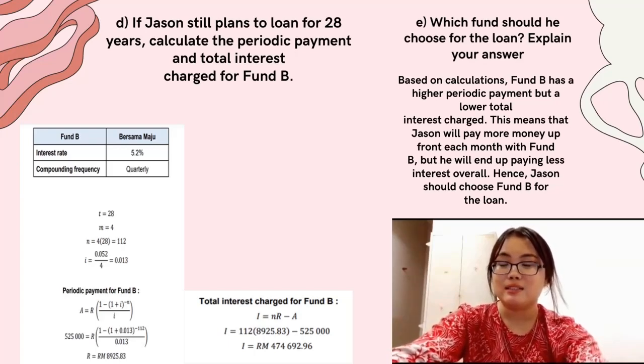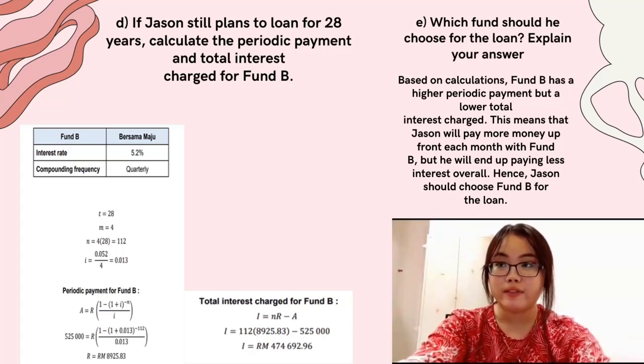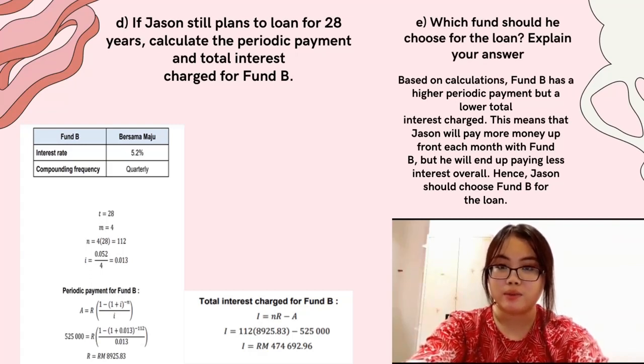And the last is the small i, which is 0.013. So 525,000 equals R, open bracket, 1 minus, open bracket again, 1 plus 0.013, close bracket, power of negative 112, divide by 0.013, and we close the bracket.